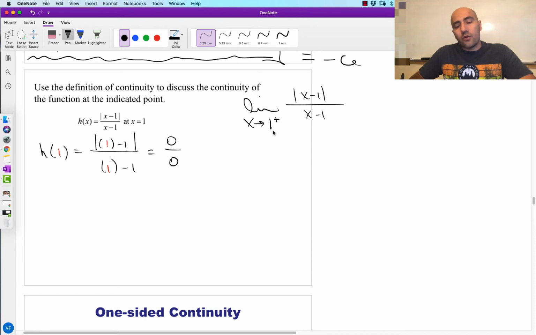Okay, so note that if I'm approaching 1 from the right side, then the values of x are going to be a little bit bigger than 1, like 1.5, 1.4, 1.1, 1.01, 1.001, right? That kind of thing. Getting closer and closer to 1, but always just a little bit bigger than that.